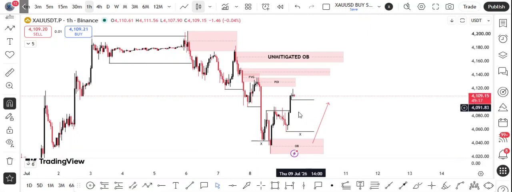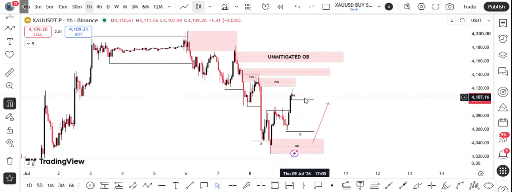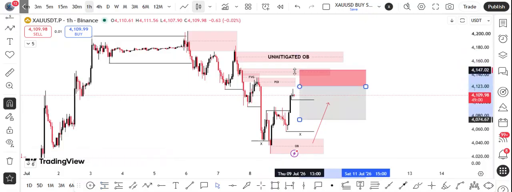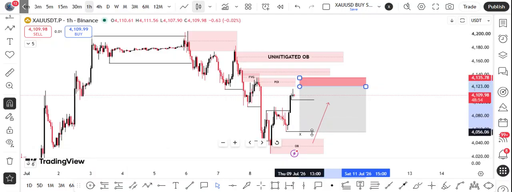So once this liquidity is generated and we go down to a lower time frame, after stripping this, because now here we have a change of character, break of structure, we can continue the upside. So looking at this, you can say we are selling this market from here first, like this, to this low.